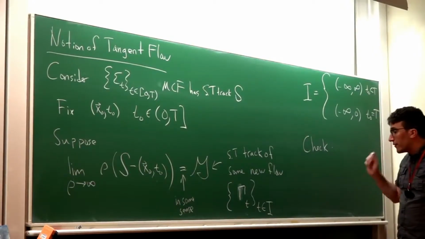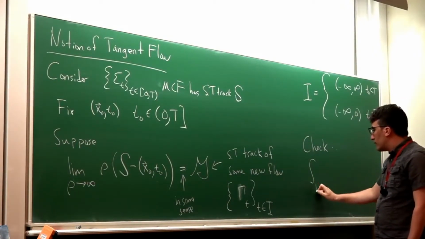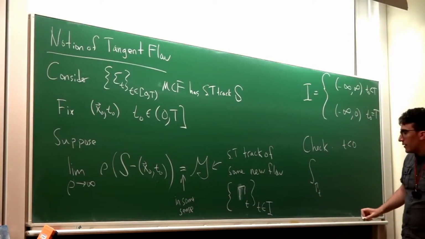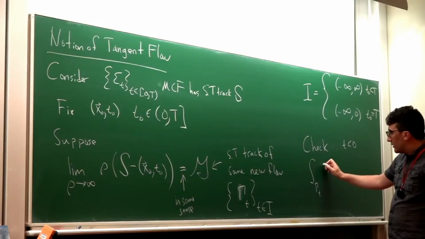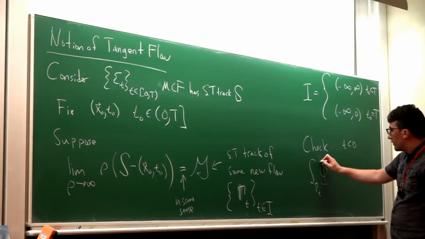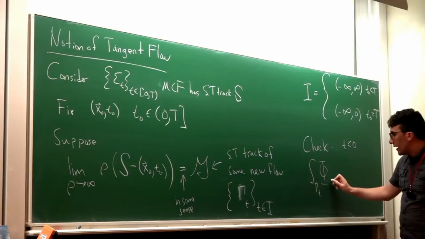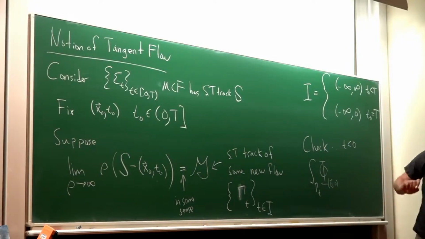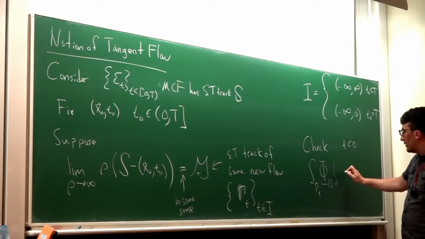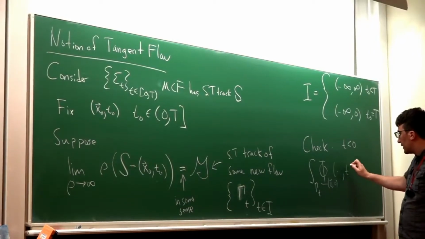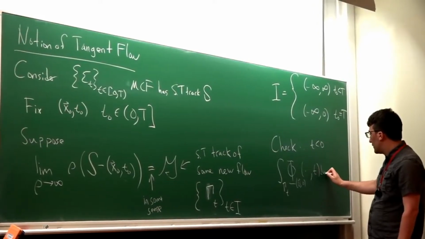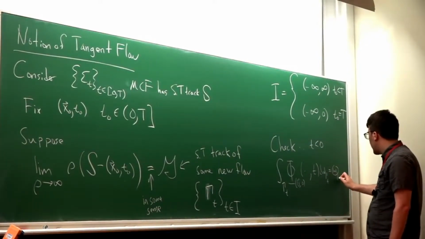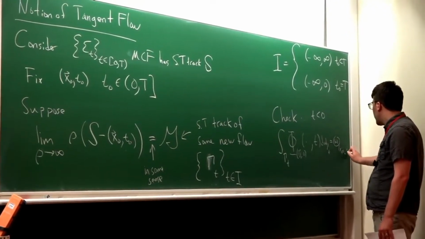Once you go back through the definitions, the integral over gamma t, for any t less than 0, of the density phi, centered at the origin because we've moved everything to the origin, is actually the Gaussian density at x naught, t naught of the original flow.